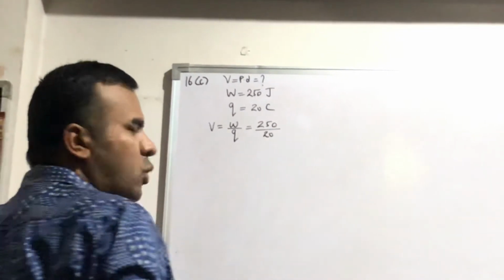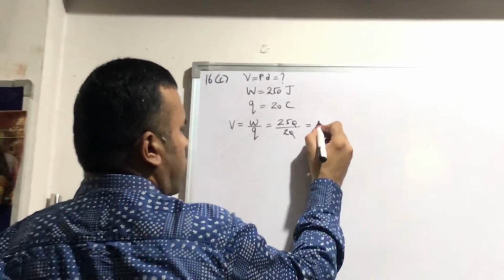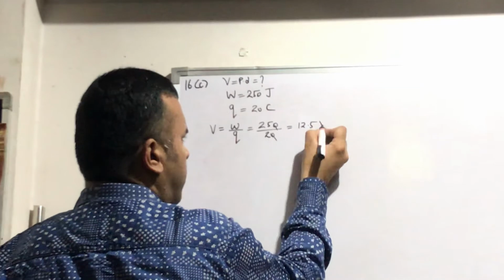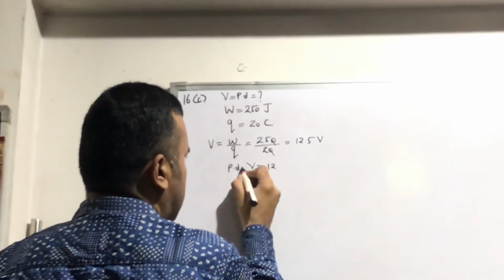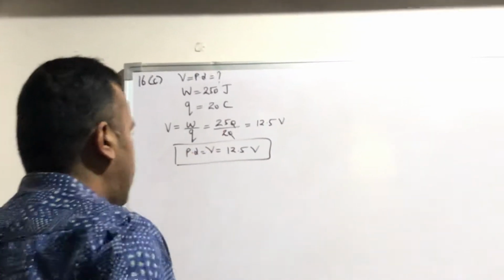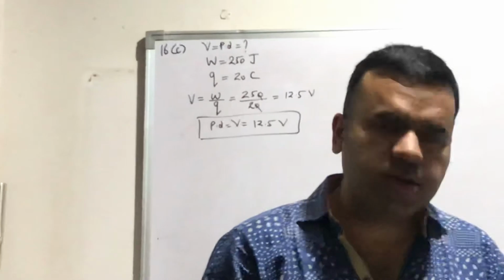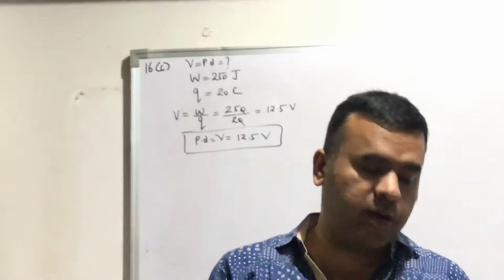In place of Q, you write down 20. Cut this and this, 25 by 2. Answer is 12.5. So the answer of potential difference is 12.5 volts. Right? This is question 16, C part. Simple as that.